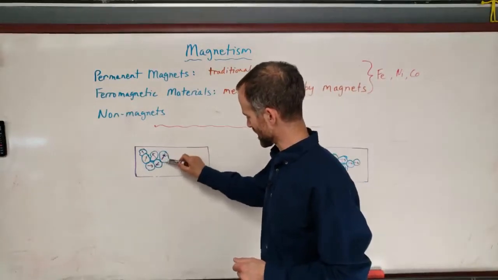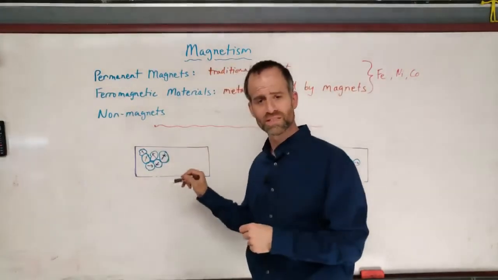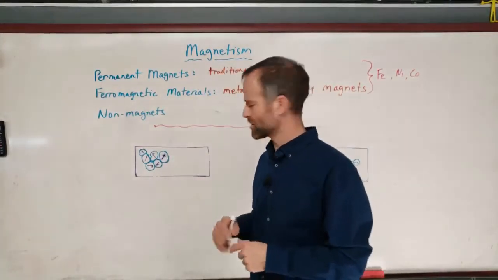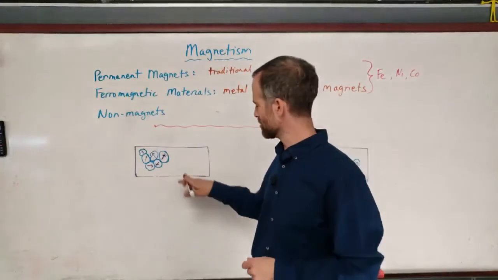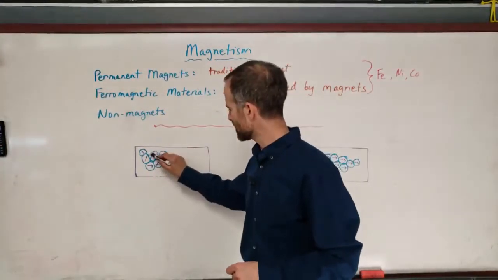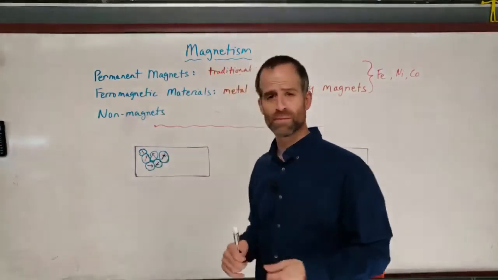By the way, each of those areas of metal where they are kind of a group going in the same direction, we call that a domain. You don't really need to know that for an exam, but it's interesting. So all these domains are spinning, the electrons are spinning in different directions. They're not lined up. You're not going to have a magnet.